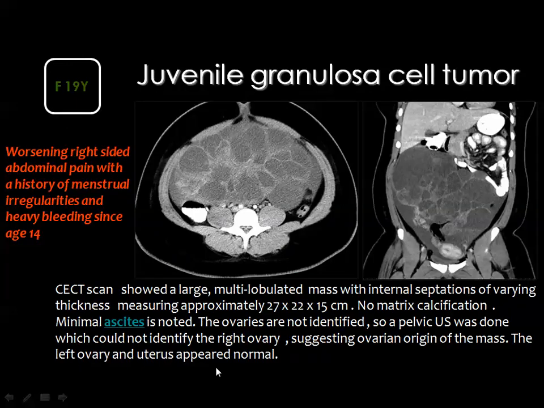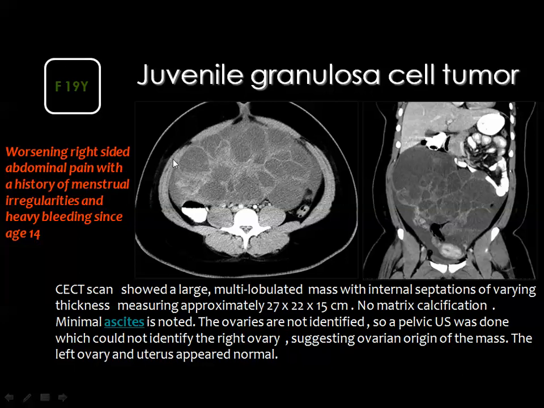And as I have said, in order to diagnose the granulosa cell tumors or the dysgerminomas easily, you look for the age of the patient and you look for the size of the tumor. These lesions are usually very big and they occur at a relatively younger age.